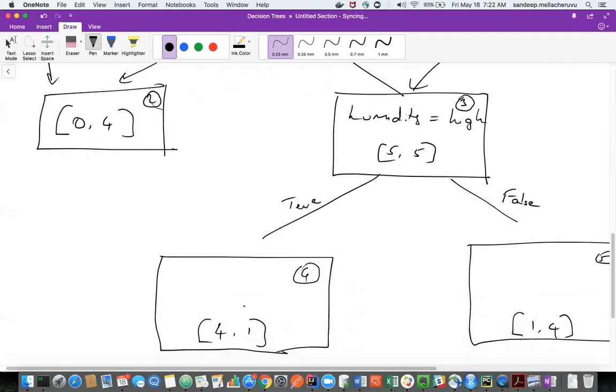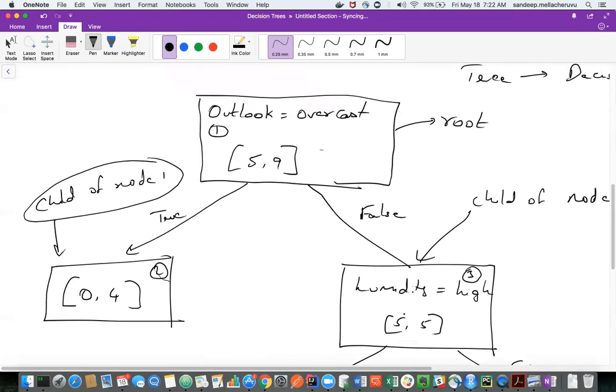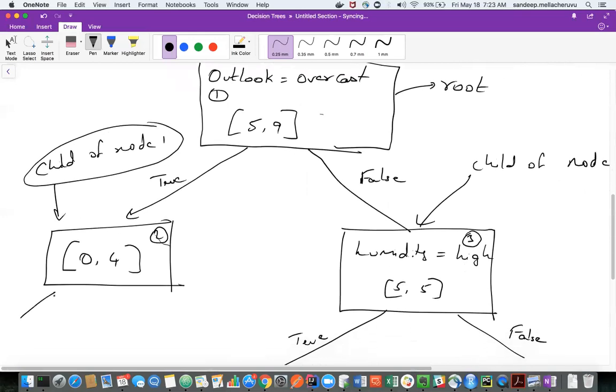Again, each of those children may have a few more children, but some nodes will not have any children anymore. This is called a leaf node. A leaf node is something that doesn't have any children.